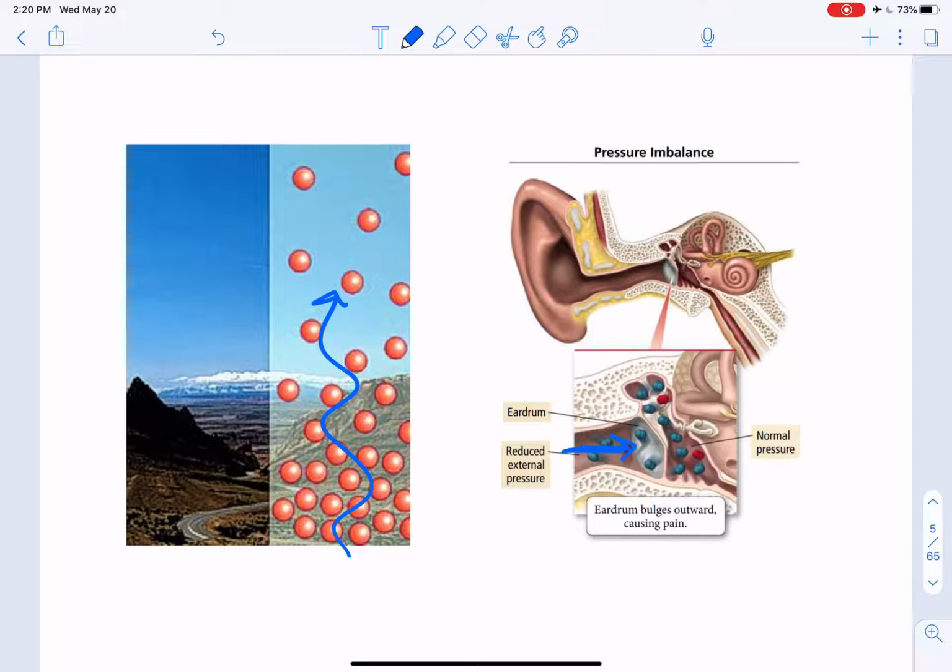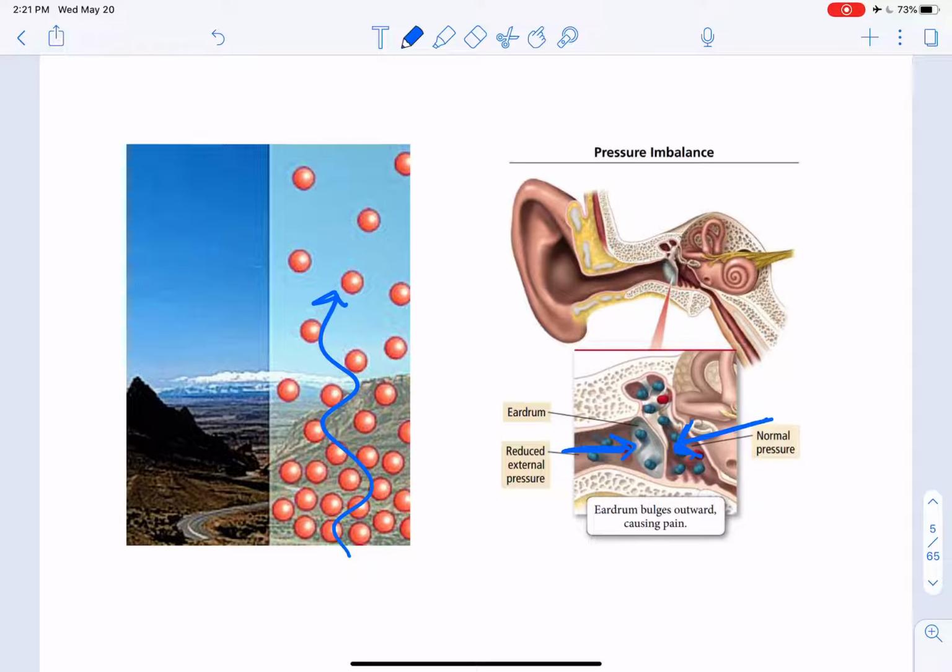And the air on the inside of your ear still is full of oxygen, nitrogen, all the other molecules that are in our air. It's still full of those molecules that are pressing on the inside of your eardrum, and that pushes the eardrum out and it causes you pain.